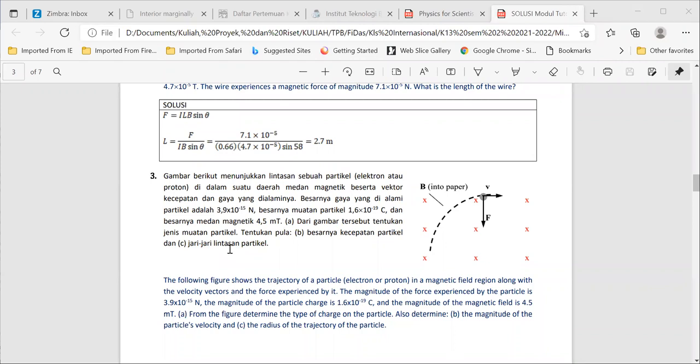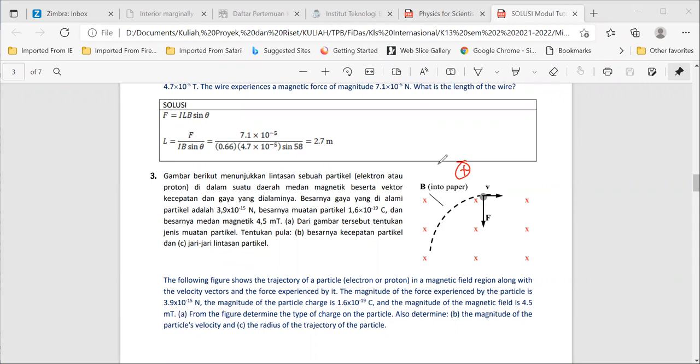Okay, so for example, if we assume that the particle is positive, okay. Let's say the particle is positive. So if you use your right hand, okay, use your right hand, okay.